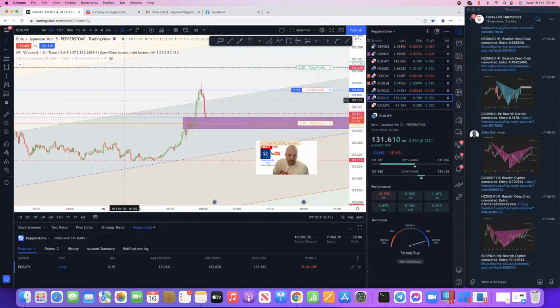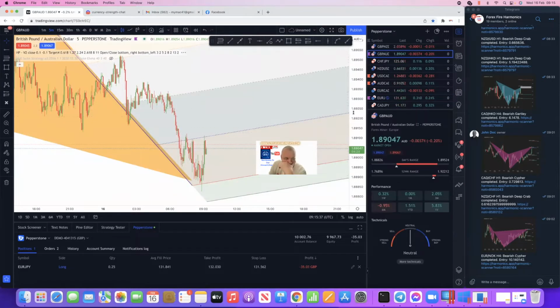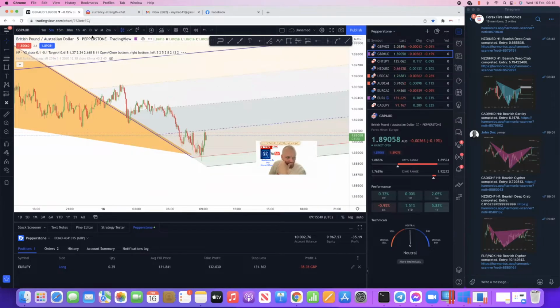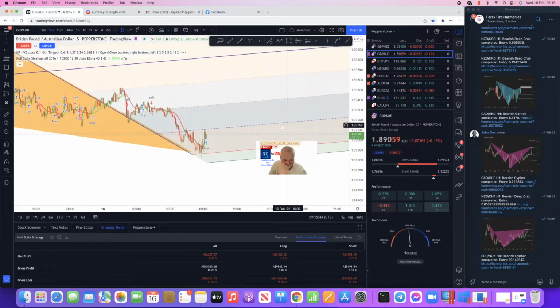Right, just something I'm looking at. Let's have a look at the GBP order. We're starting to get some movement now on this. There's the first buy signal.